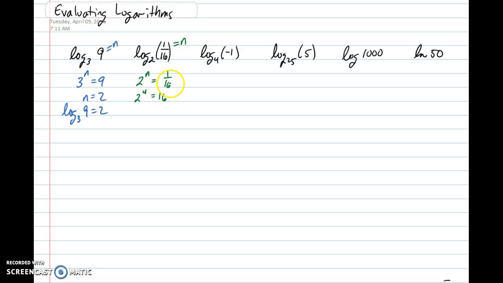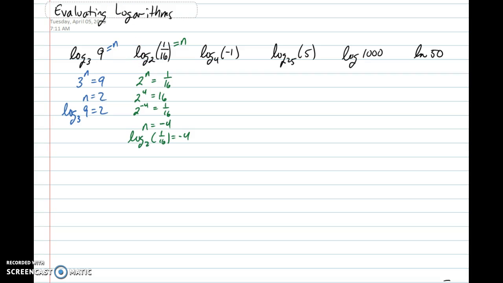But I want 1/16. Oh, remember reciprocals happen when I use negative powers. 2 to the negative 4th equals 1/16. So n equals negative 4. So log base 2 of 1/16 is negative 4, because 2 to the negative 4 power equals 1/16.